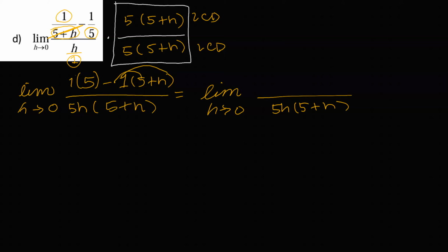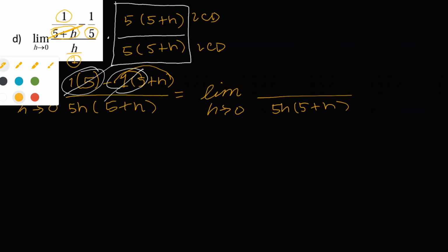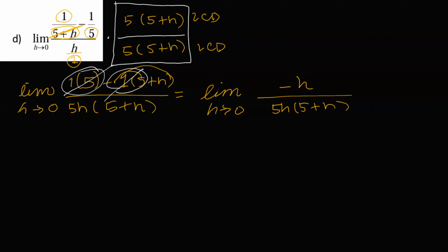When we distribute the negative, this would be negative 5. And so negative 5 and positive 5, that's 0 out. And so all we have left is just negative h, right? So then negative h divided by h is negative 1.